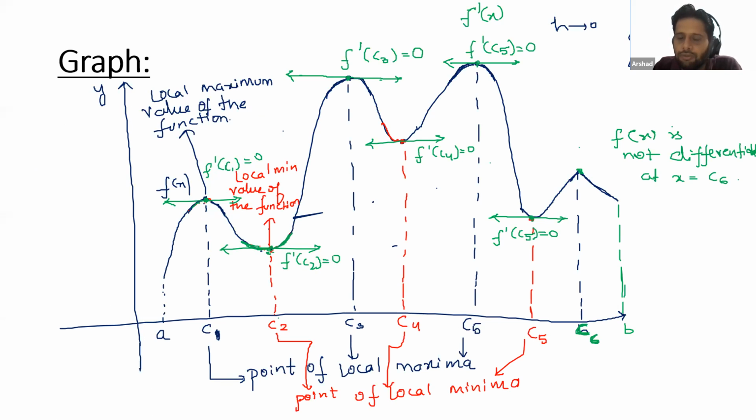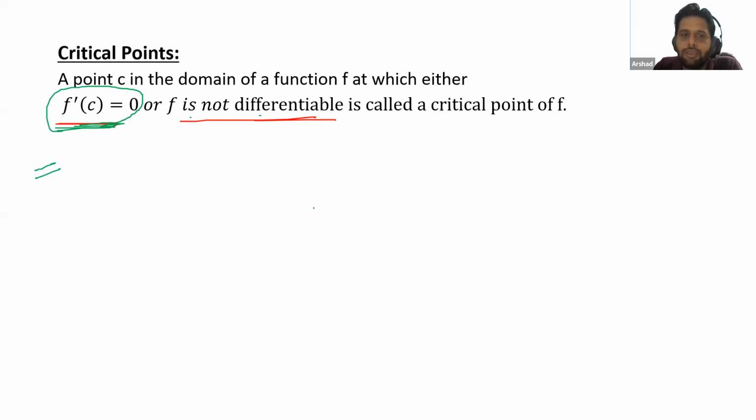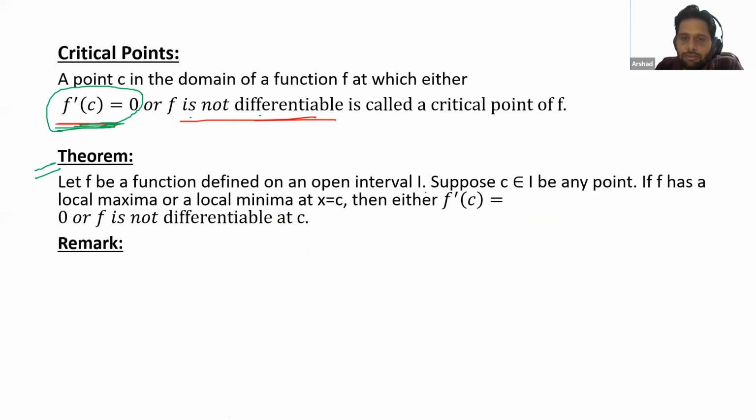So the same thing is written here: if local maxima or local minima at x is equal to C exists, then either the derivative is 0 or the function is not differentiable. That means local maxima and local minima occur at the critical points.